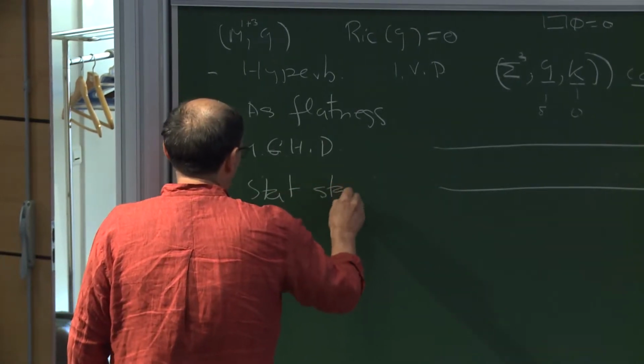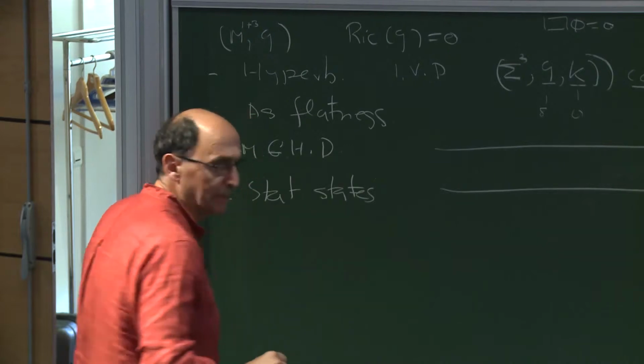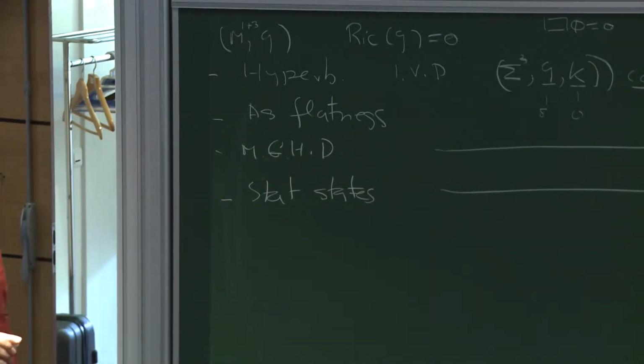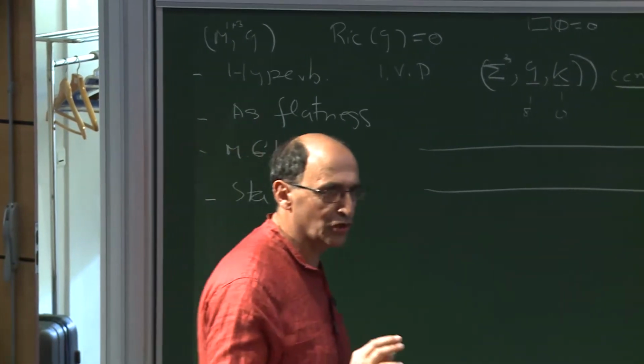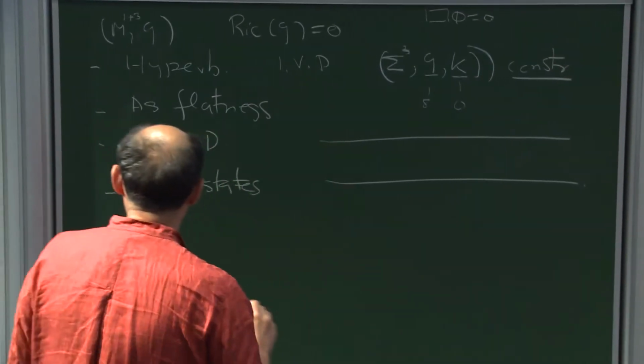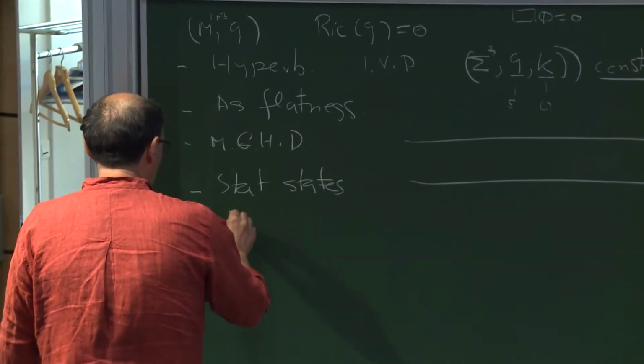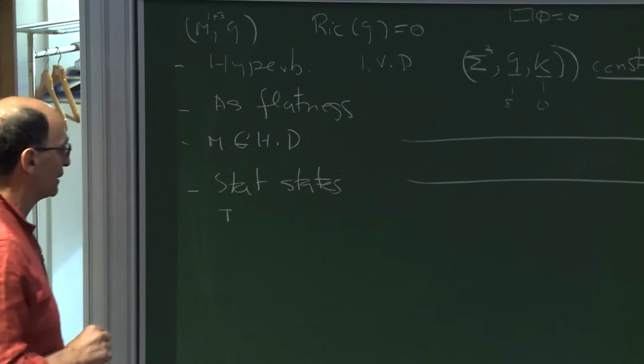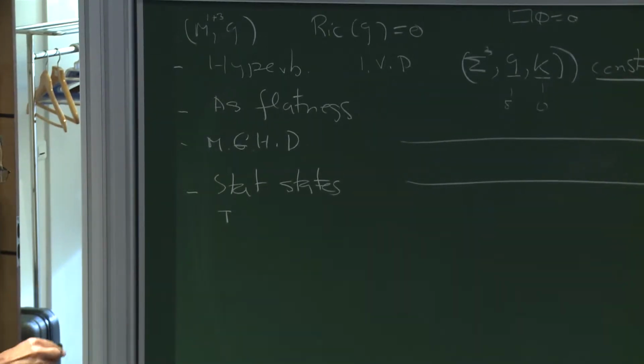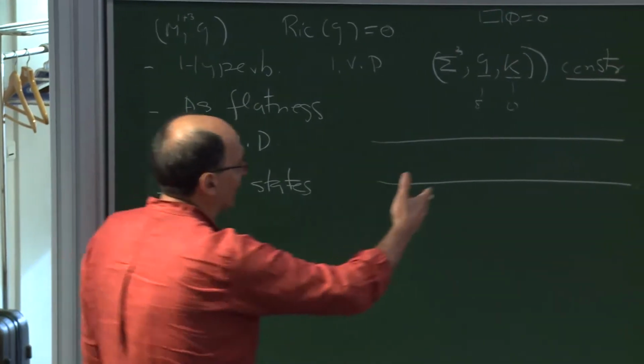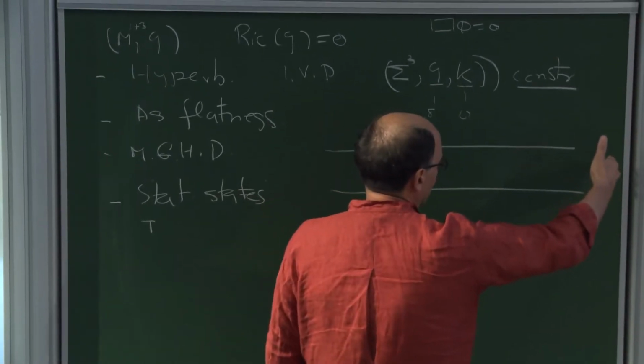These are states which in some sense are independent of time. Of course, time in general relativity is a more complicated notion, but still you can make sense of it. It's actually relatively simple. You say that the spacetime is stationary if there exists a vector field T which is time-like at space-like infinity.